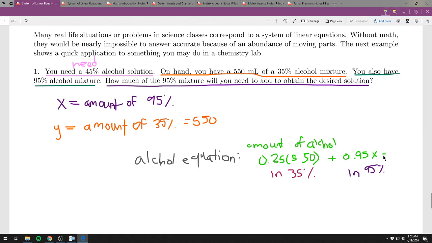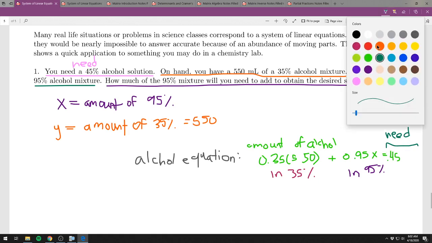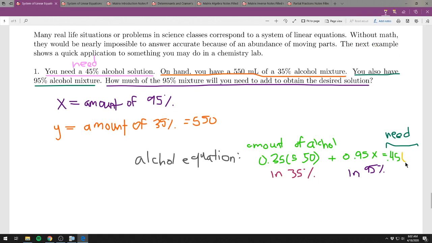And what you want to think about here is, what does this need to equal? Well, we need it to be a 45% solution. So the right side of this equation is going to be what we need. And the amount in the 45% solution, you don't know what that is, but it's going to be 550 plus X. It's going to be the amount of X you add to that 550.